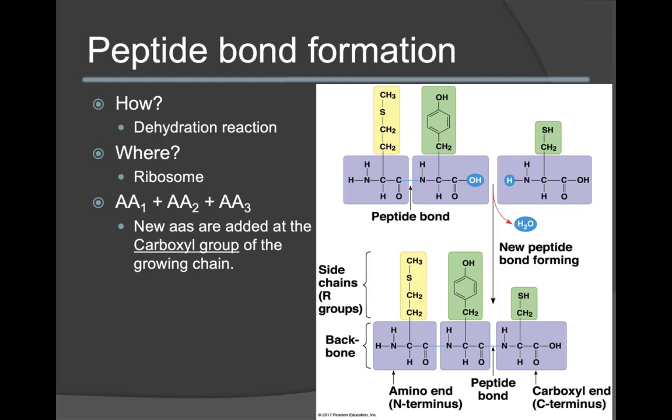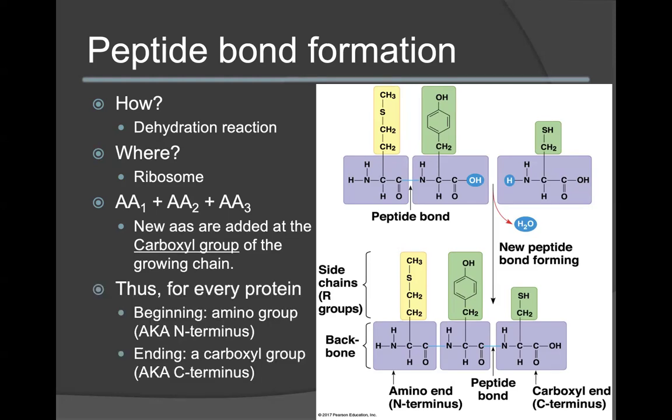So in amino acid 1, you will have your amino group to the left, your carbon with the hydrogen and with the side chain, and then you will have to the right your carboxyl group. This is going to be lined up with an adjacent amino acid, specifically with the amine group of amino acid number 2. A dehydration reaction is going to occur, a peptide bond will form, and then that would result in the carboxyl end being free to join with amino acid 3.